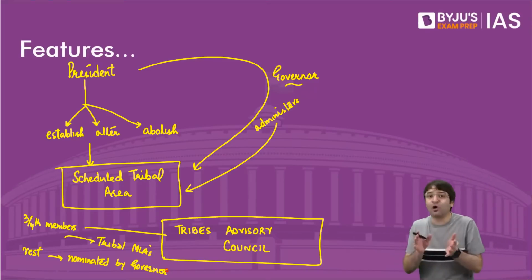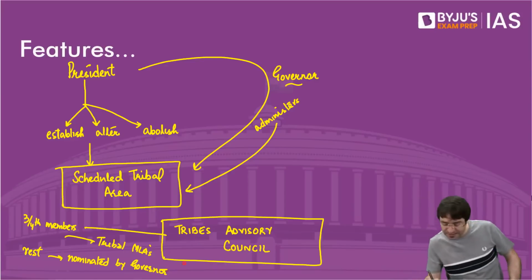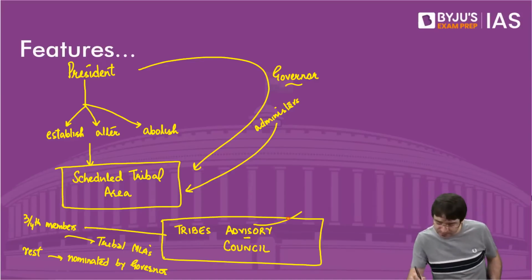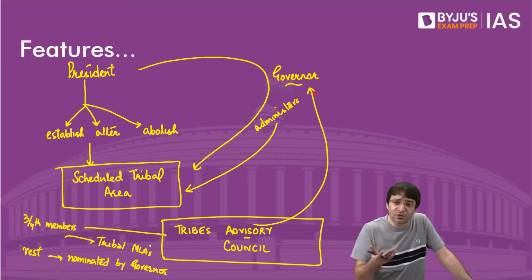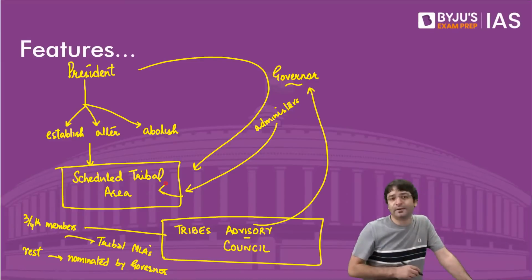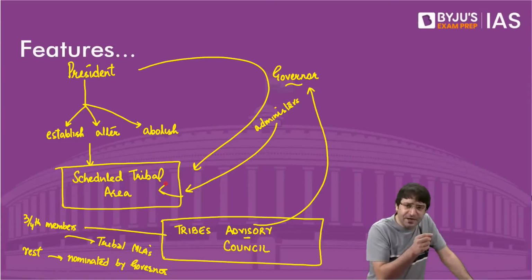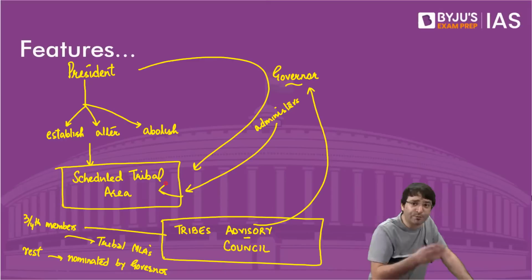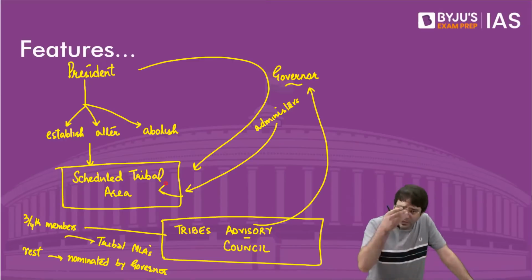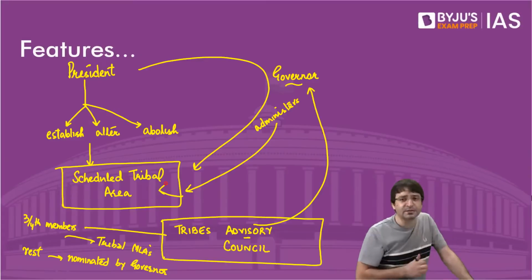What will be the role of this Tribes Advisory Council? As the name suggests, it will advise. Advise whom? The governor. On what grounds? How do you administer this scheduled tribal area? But sir, you told me that in Schedule 5, only economic interest should be protected. Because the only purpose of Schedule 5 is to protect these tribals in their economic areas.